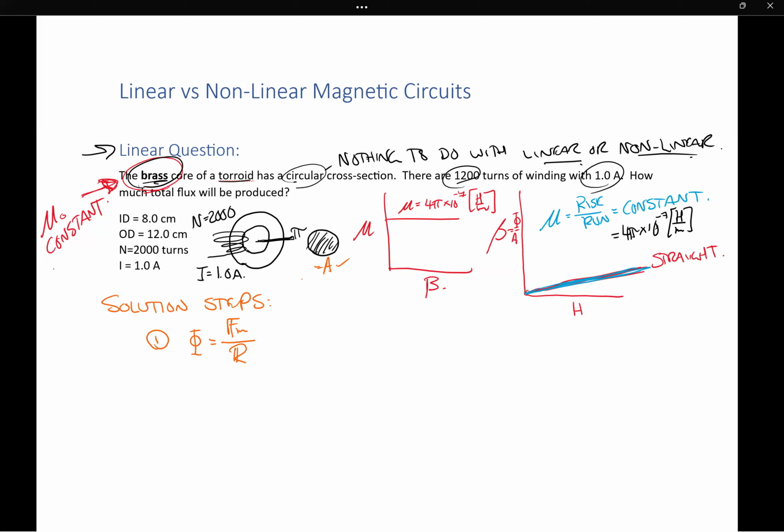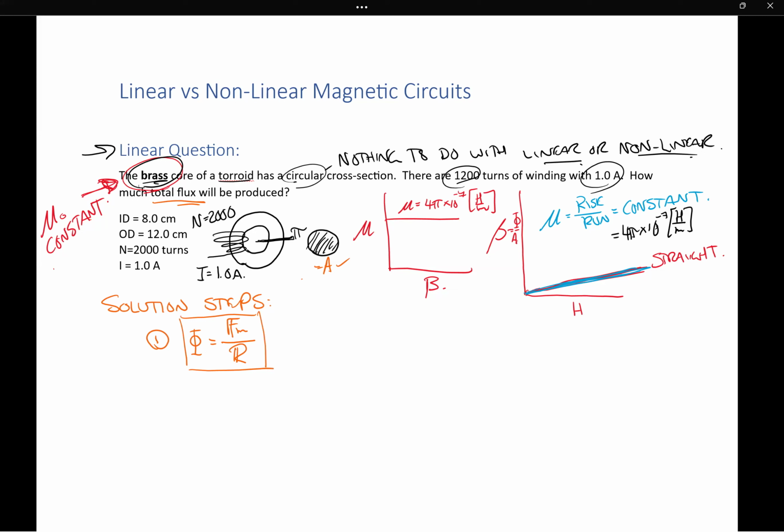So I would say, okay, we're looking for how much total flux will be produced. Well, I know that the total flux is a relationship between that force and that reluctance. This is sort of like my V equals IR equation in electrical circuits, right? And so that's what I would use first.